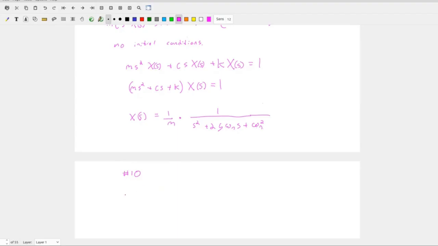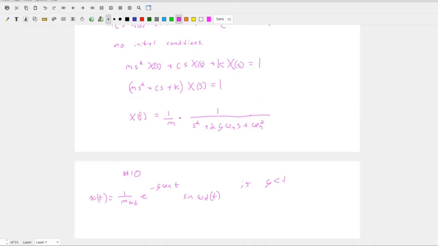Number 10 gives us that 1 over m omega d, e to the negative zeta omega n t, sine of omega d t is equal to x of t, again as long as zeta is less than 1, which we had originally because we said this was an underdamped system.